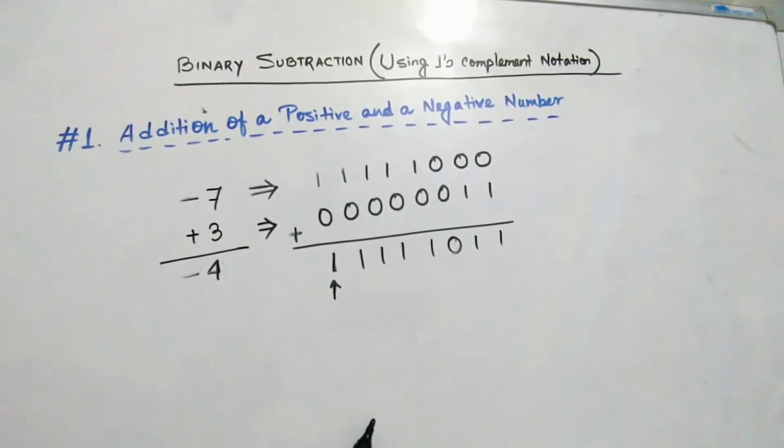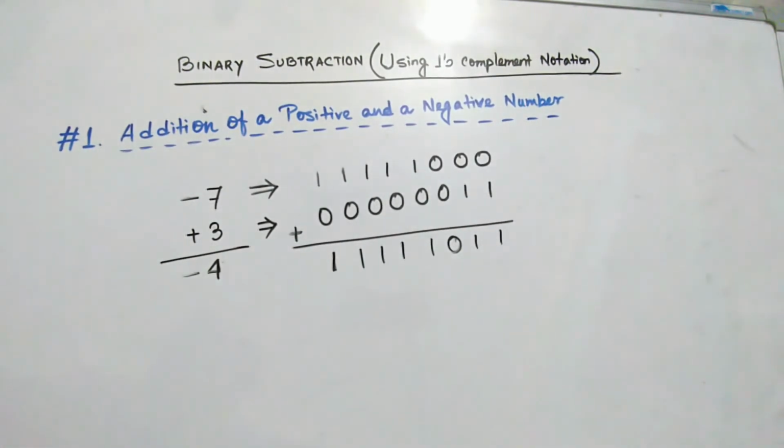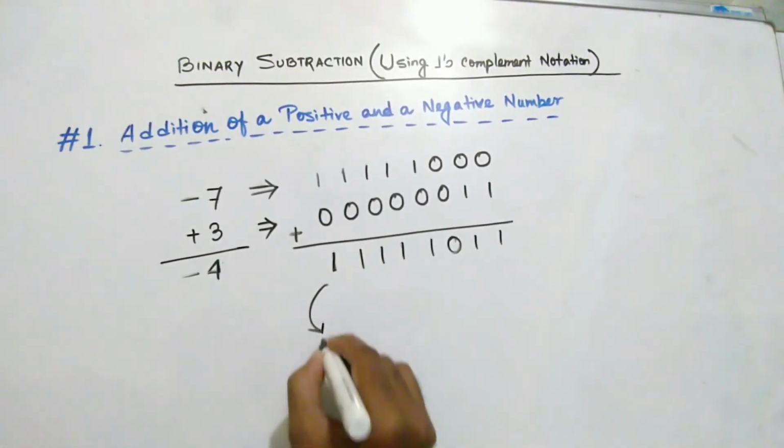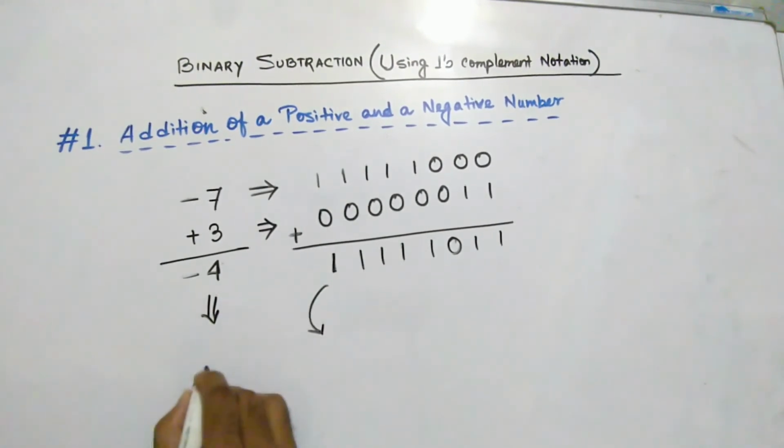That means we have obtained a correct answer, as the sign bit is 1, but the result is in the ones complement format. So if we obtain the ones complement of this binary representation, that will be equivalent to plus 4.